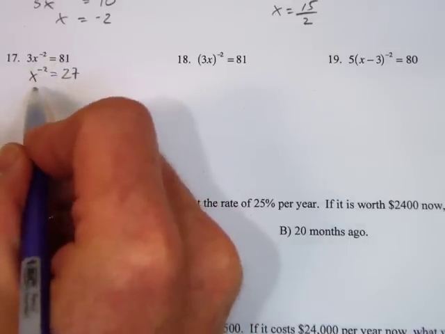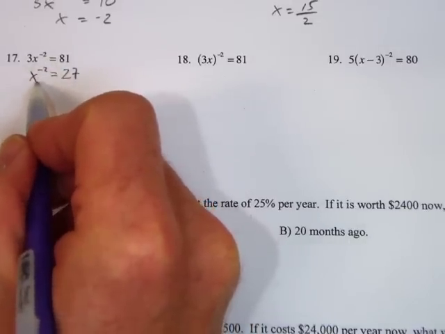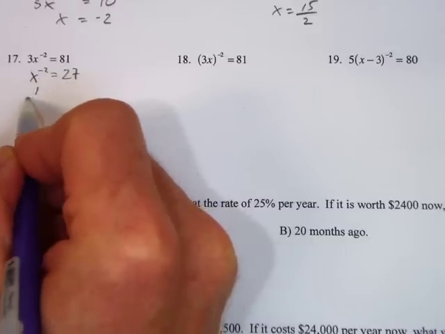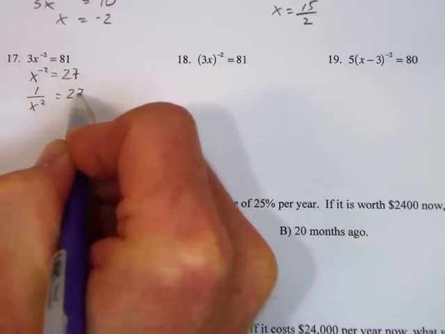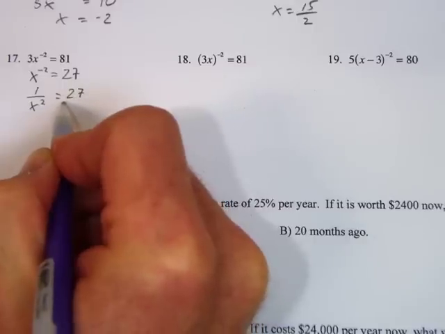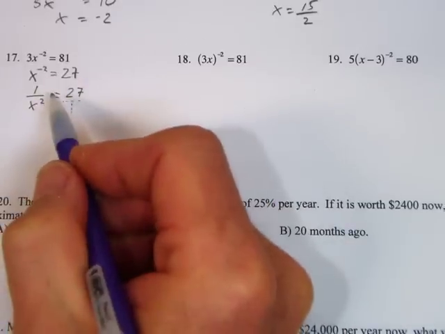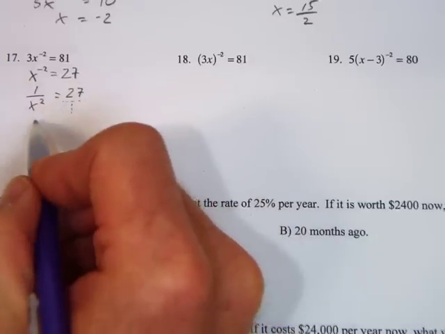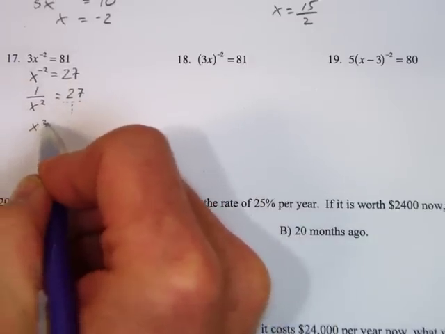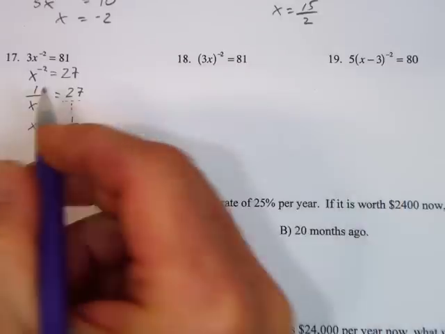Now, there's a couple ways we can go about doing this. One of them is just to say x to the negative 2 is the same as 1 over x squared equals 27. Now, we've done this before, but just to remind you, if you have two fractions that are equal, their reciprocals are equal as long as they're not 0. So we get x squared is 1 over 27.